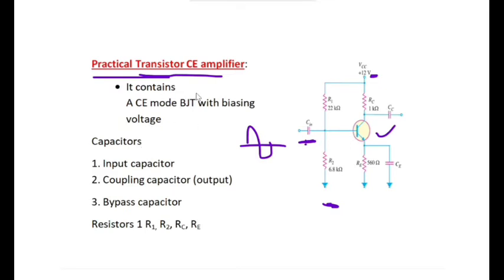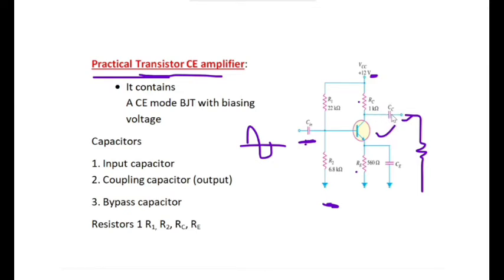Now we can see the RC and RE resistors. RC is the collector resistor and RE is the emitter resistor, we know this. And CC is a coupling capacitor, or output capacitor. This is used when we connect the circuit to a load. Why?